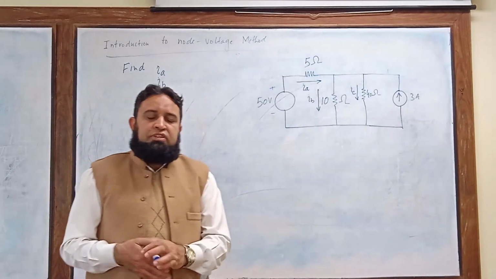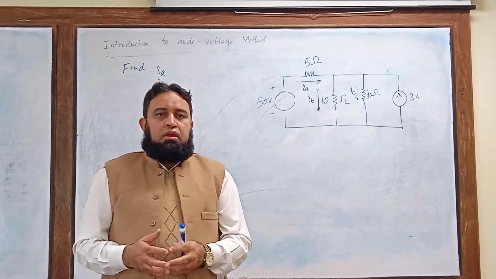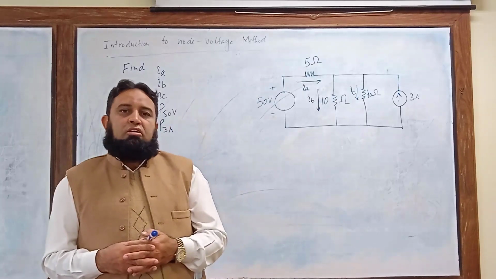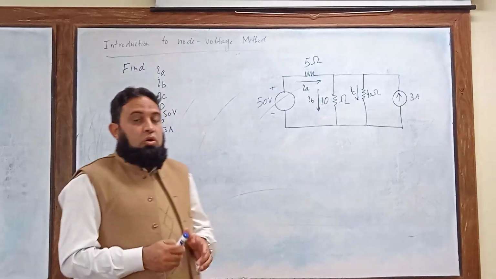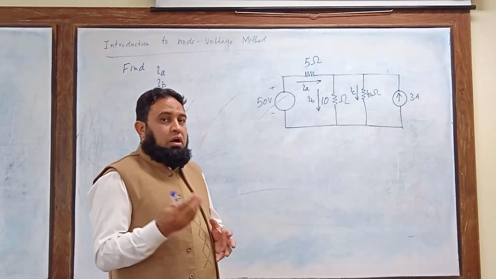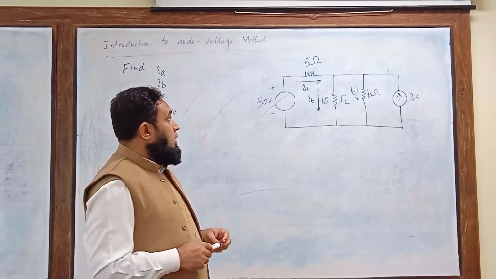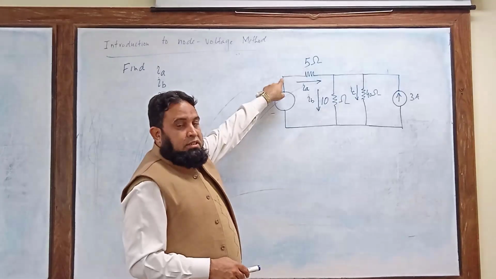So just recall, in the first part of this lecture we studied that the labeling of essential nodes is very, very important. So let's now find out how many essential nodes there are. Look at this node. Is this an essential node?